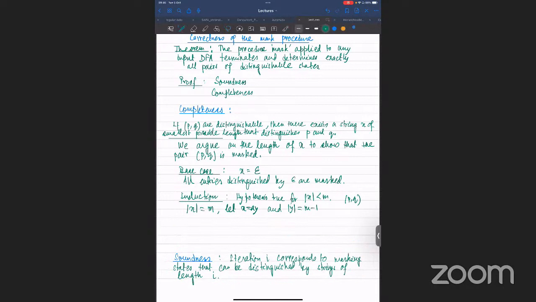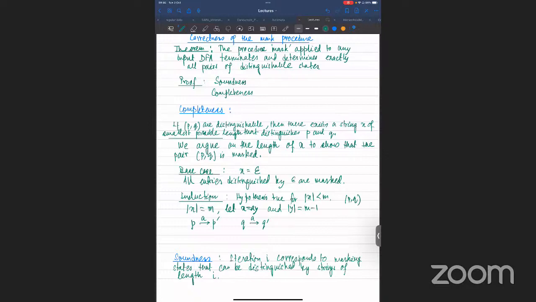So now suppose from p on a you go to p prime, and q on a goes to q prime. So this is a DFA, right? So we are doing a minimization of the DFA. We are marking pairs of states which are, in fact, distinguishable in a DFA.